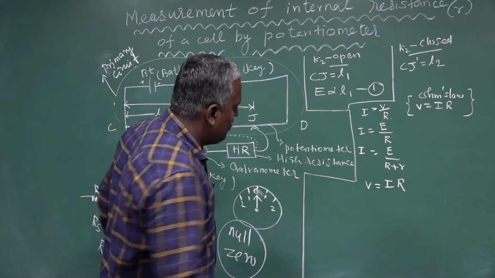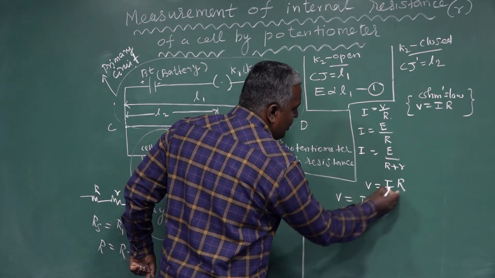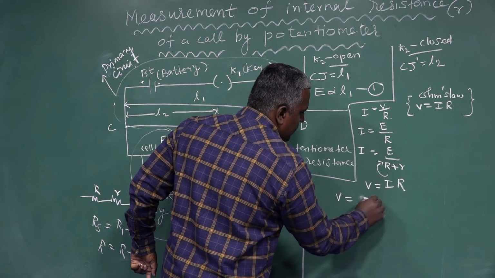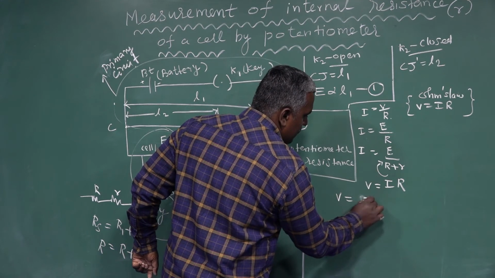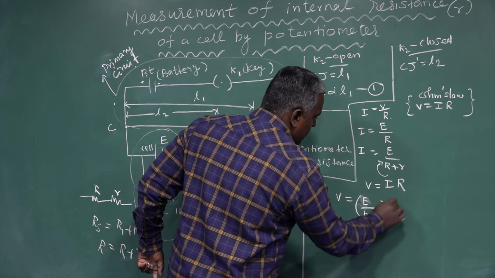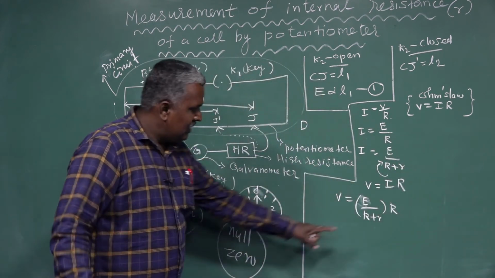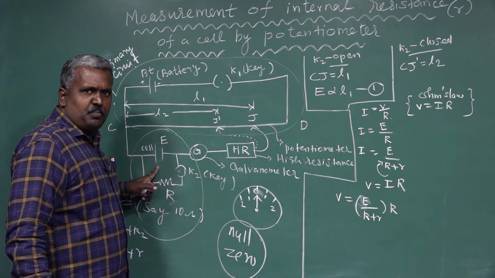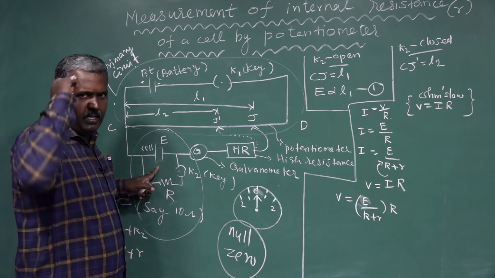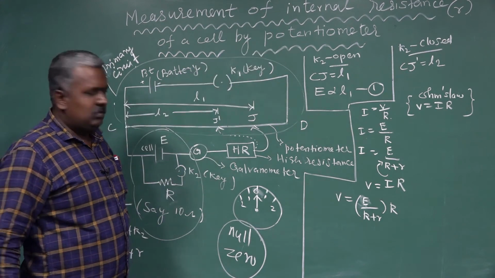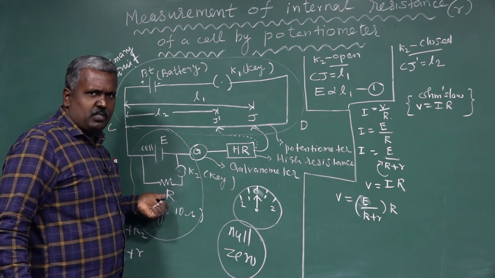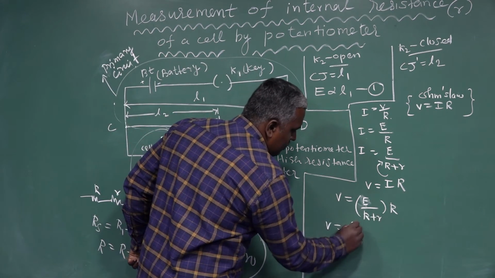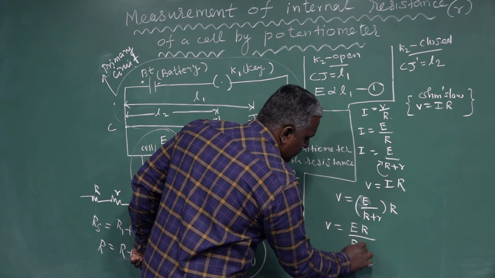So V is equal to I value, E by R plus r, into R. Small r is the internal resistance of the cell. Compulsorily we want to calculate that value. Remember, small r is the internal resistance, capital R is the external resistance. So V is equal to ER by R plus r.